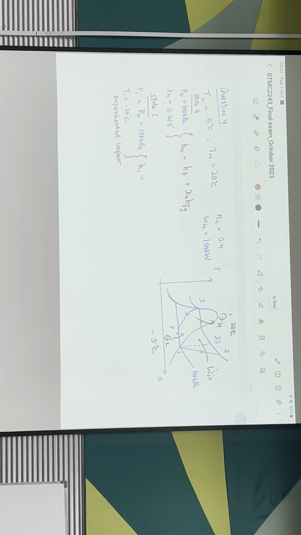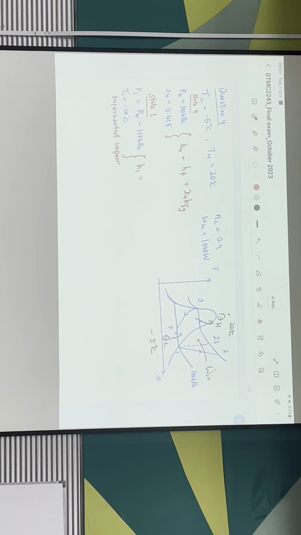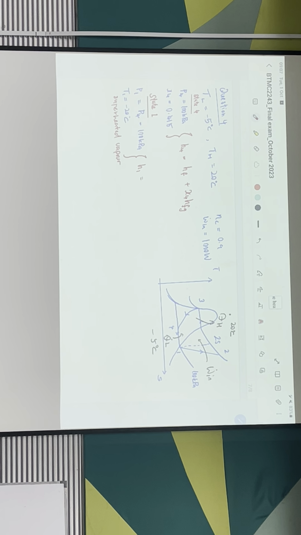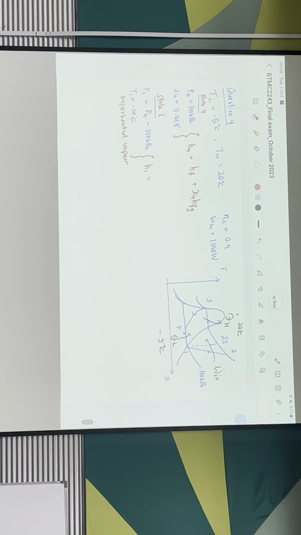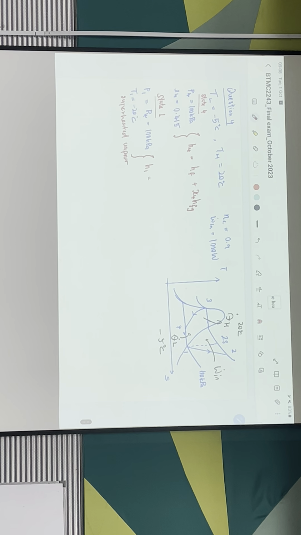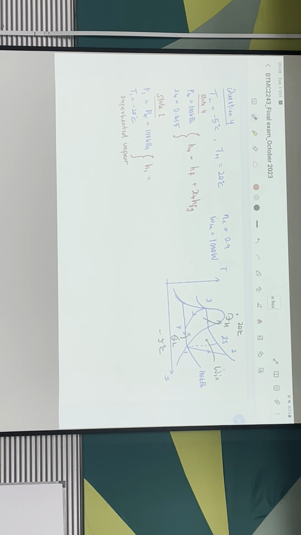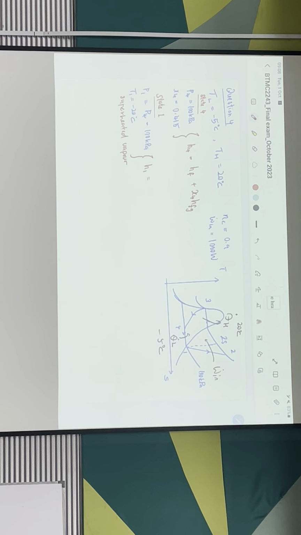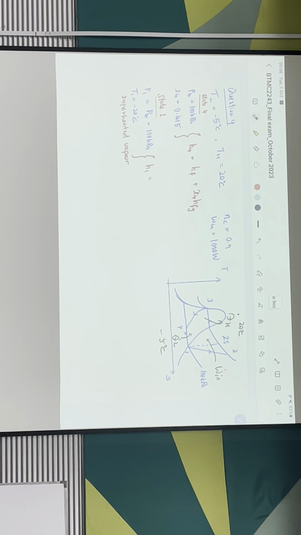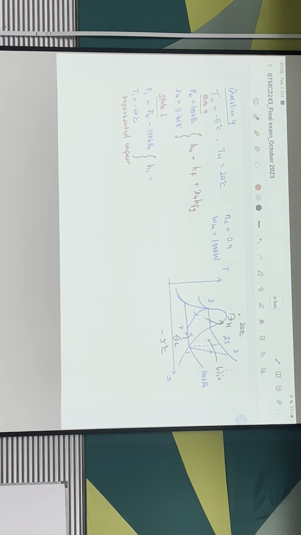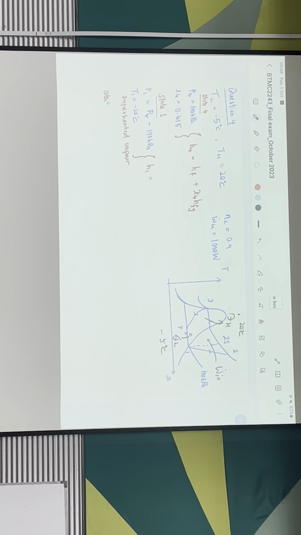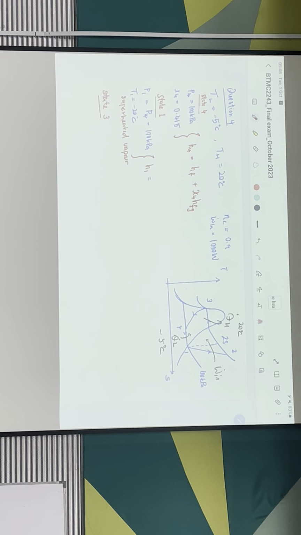So from here, you can get two of these values. You get H4, you get H1. So which state should we proceed to now? State 4 is there. Yeah, so don't forget, state 4 and state 3 are just interlinked. This one is always the same thing. Okay, H3 is H4.